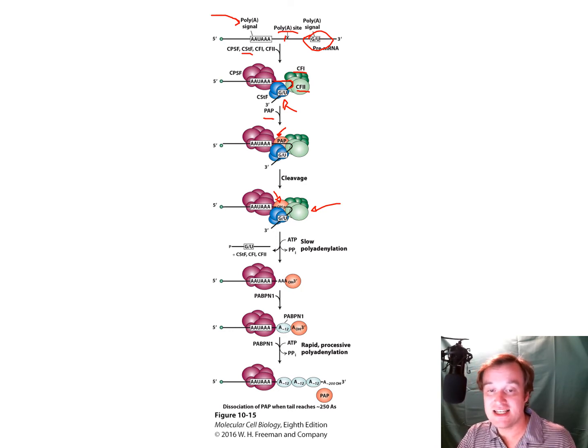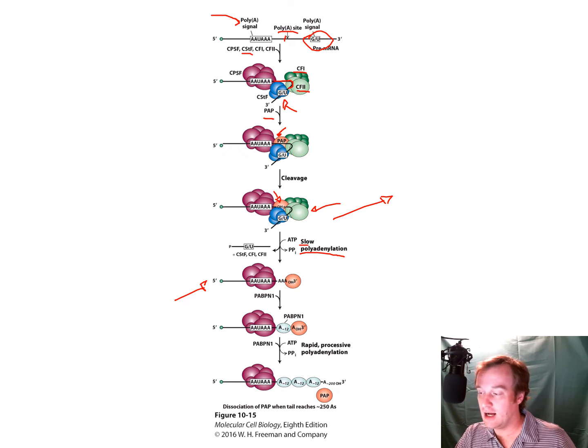So CSTF, CF1, and CF2, they all leave, and in addition to that, the downstream RNA is degraded at that point, so it's recycled for future mRNA. Then we have a 5' cap, and we have this OH overhang, and at first we have this slow polyadenylation step.